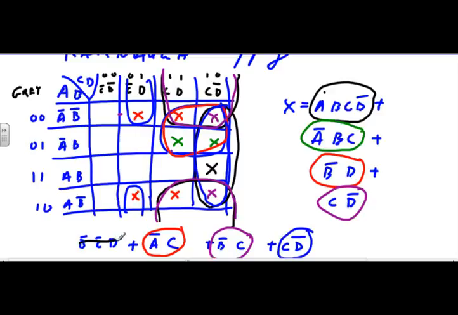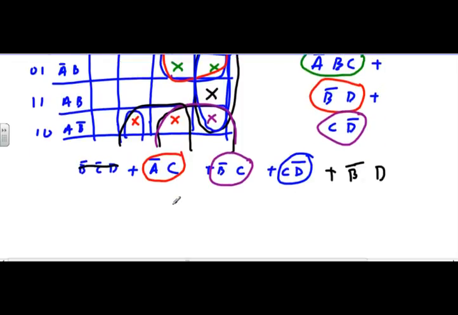I'm going to group these four with those four. All right, well, if I group those four with those four, then that's going to be B naught D. So now my simplified form is A naught C or B naught C or C D naught or B naught D.